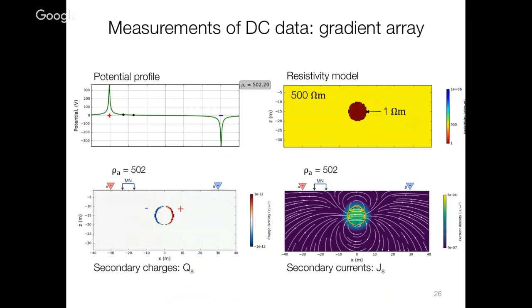So we got an apparent resistivity of 502, which is larger.